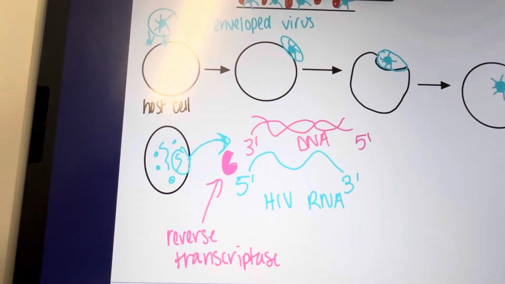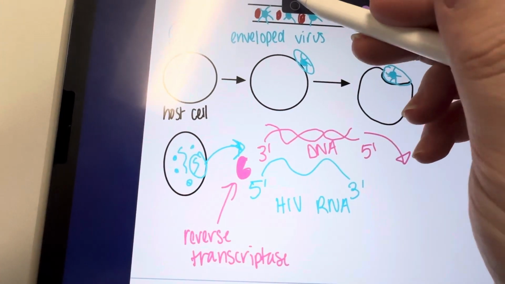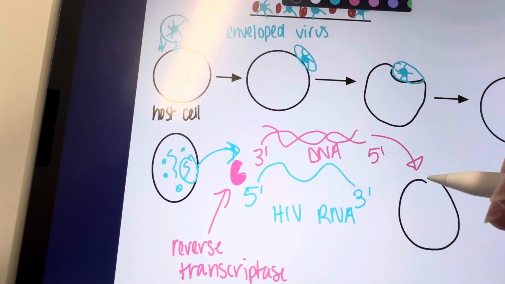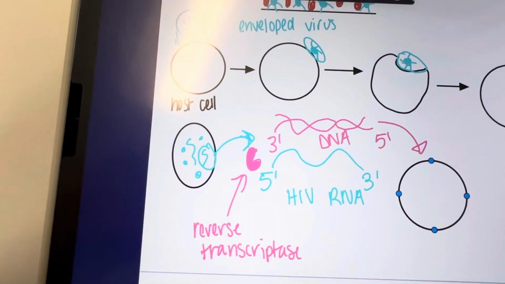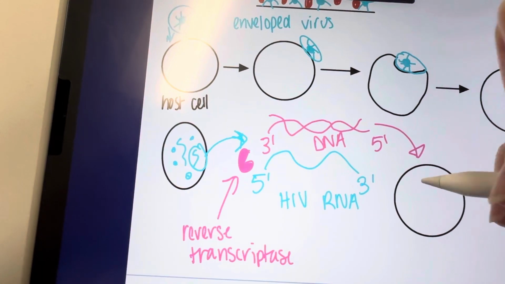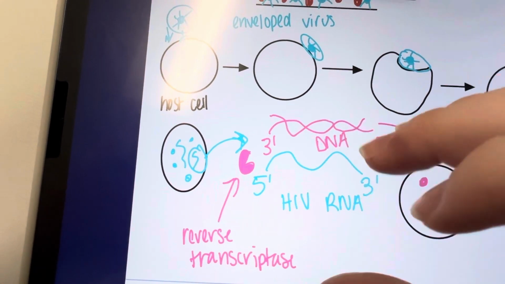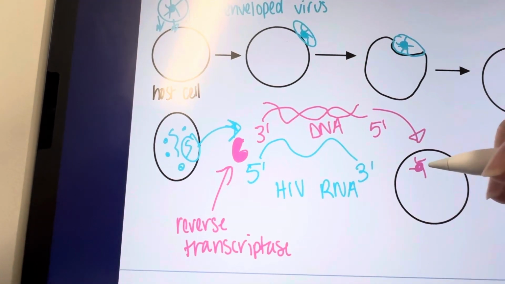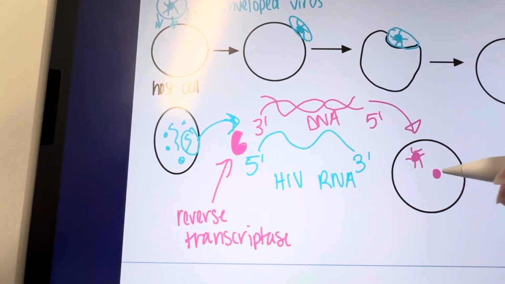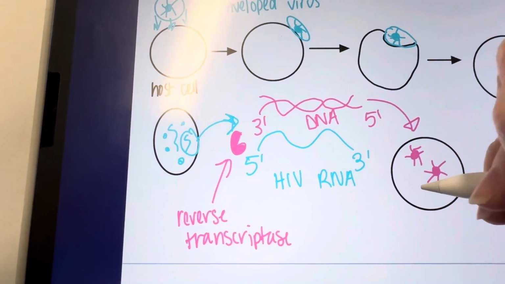And then with this double-stranded DNA, it is how these viruses replicate. So when this whole process takes place, multiple viruses will be made.